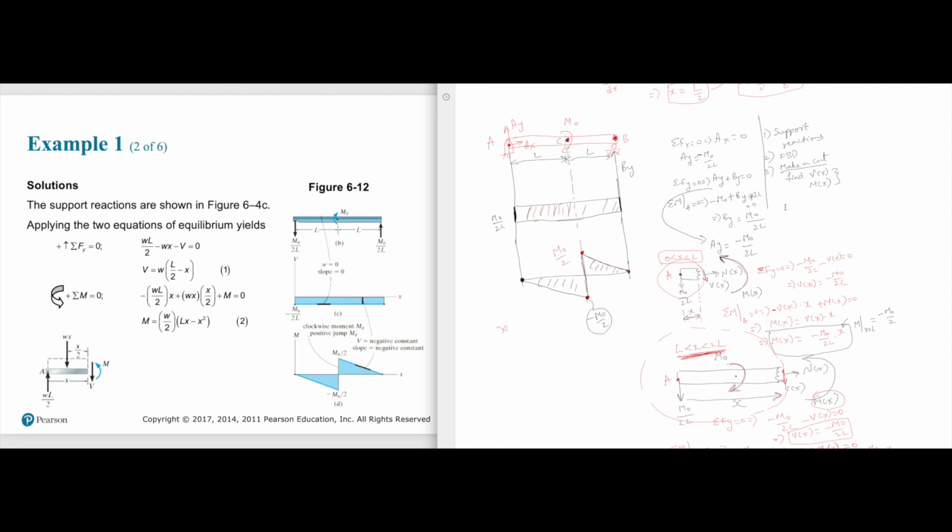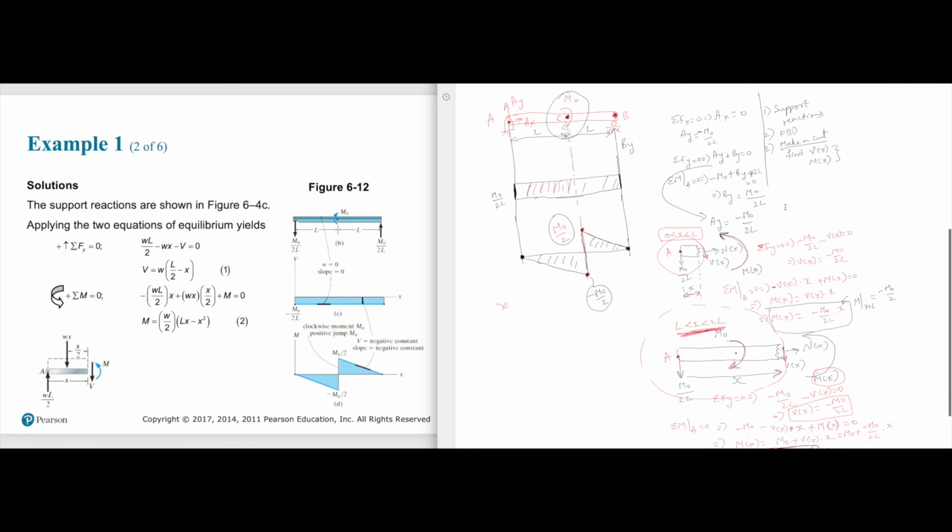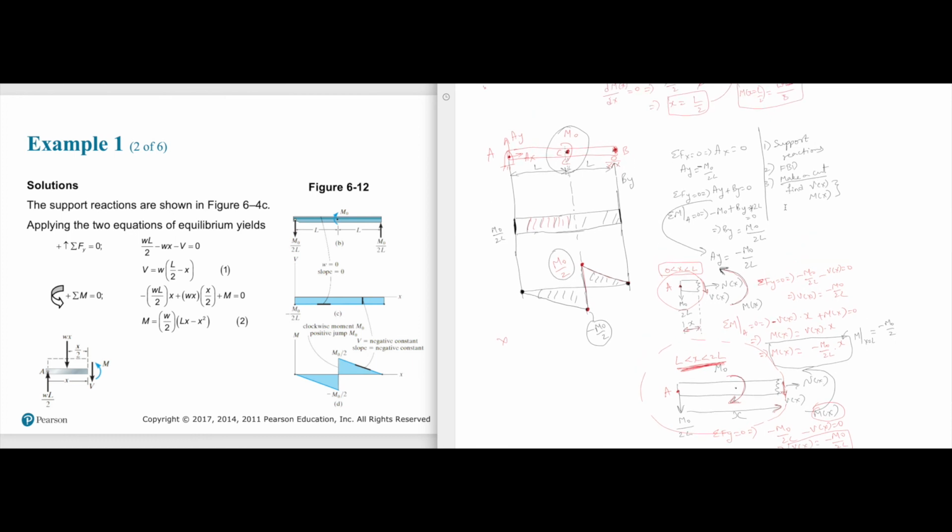Slightly to the right of C, the bending moment is positive M naught over 2. It jumps because of the presence of the moment there. And then at x equal to 2L, it is 0. Okay, so that's how we do it, and this is example 6.6.